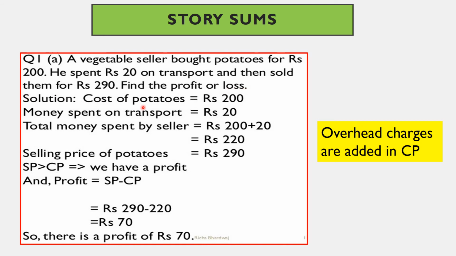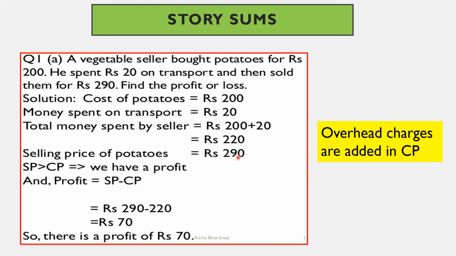Now, the cost price of potato is given 200. Money spent on transport, that is the overhead charges, is rupees 20. So the total money spent by the seller, that is the total CP, is 200 plus 20, the overhead charges. So you get rupees 220. So the new cost price is rupees 220, and the selling price is given 290.